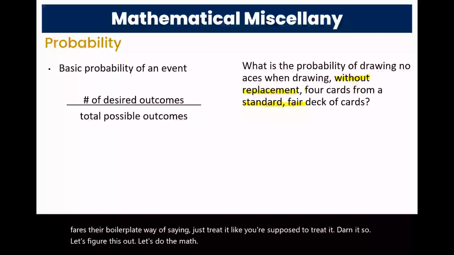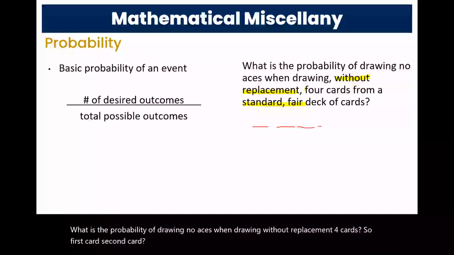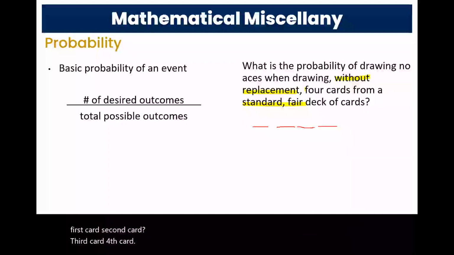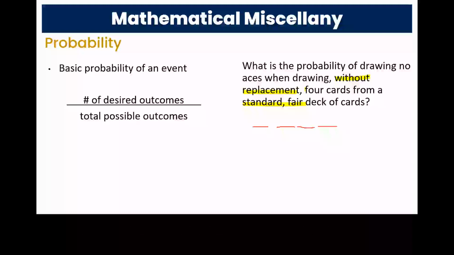What is the probability of drawing no aces when drawing 4 cards without replacement? So first card, second card, third card, fourth card. How many cards could I pull in the first pull to get no aces? What is my total possible number? I.e., how many cards are not aces?